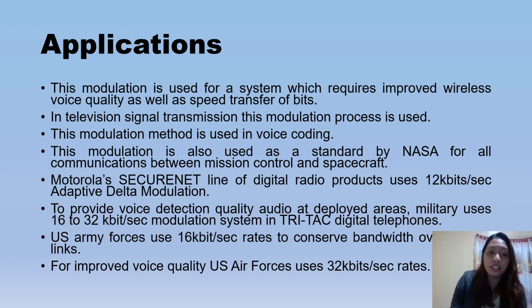This modulation is used as a standard by NASA for the communications between mission control and spacecraft. Motorola's SecureNet line of digital radio products uses 12 kbps adaptive delta modulation. To provide toll quality audio at deployed areas, the military uses a 16 to 32 kbps modulation system in TriTac digital telephones.